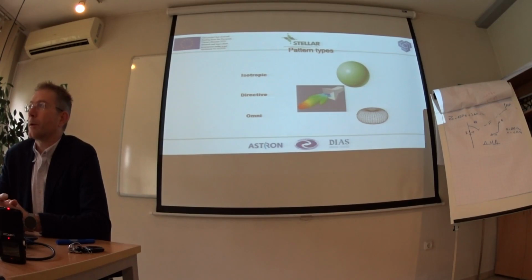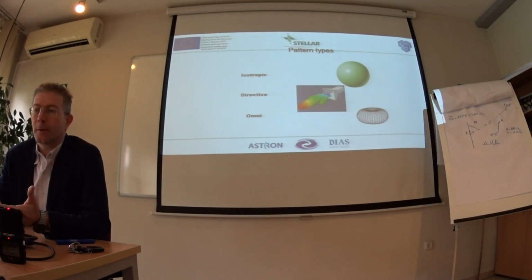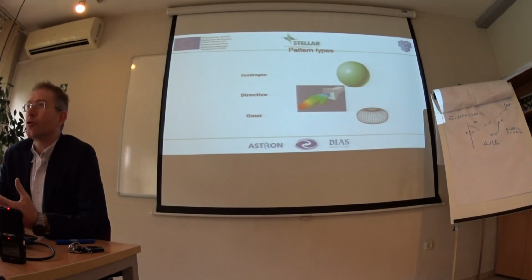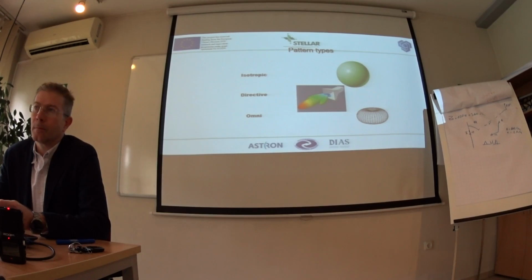And now, what types of patterns do we have? Generally, three types. The first type is idealistic, the so-called isotropic pattern. Isotropic means in each direction of radiation we have the same value of radiation.